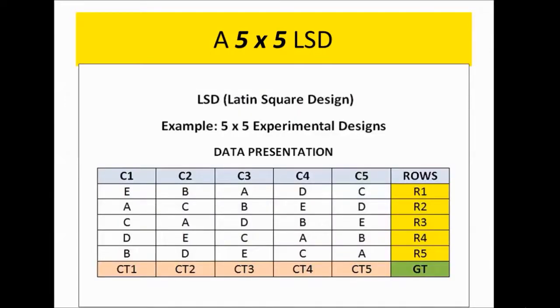For a 5x5 design, for example, the data collected can be presented this way. We have the columns 1, 2, 3, 4, 5, and we have rows 1, 2, 3, 4, 5. So these are the rows total, these are the columns total, and this is the grand total.